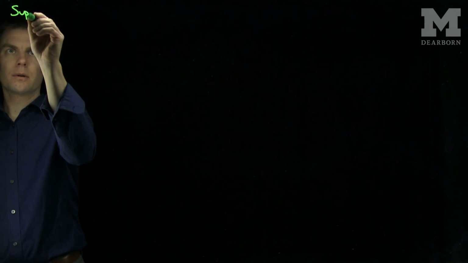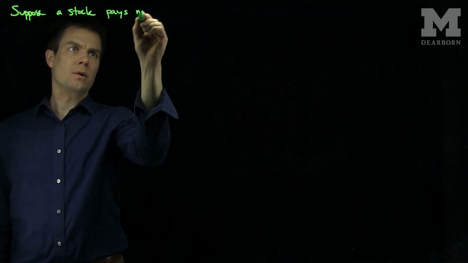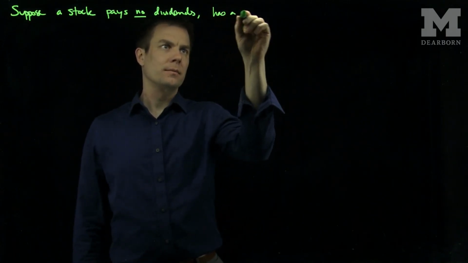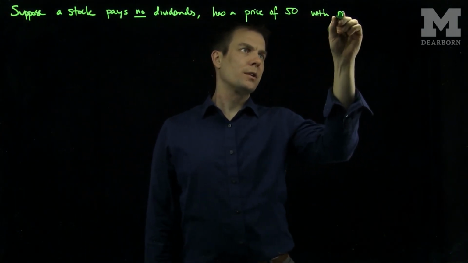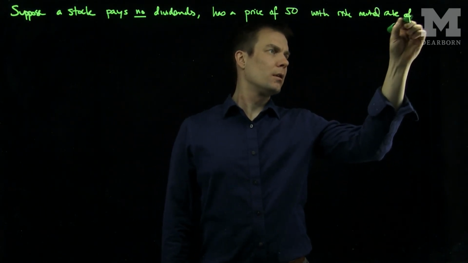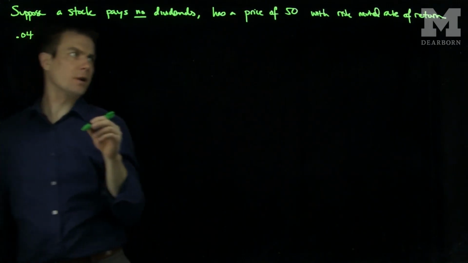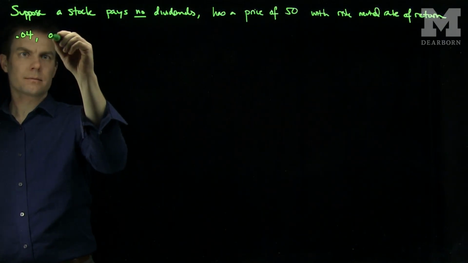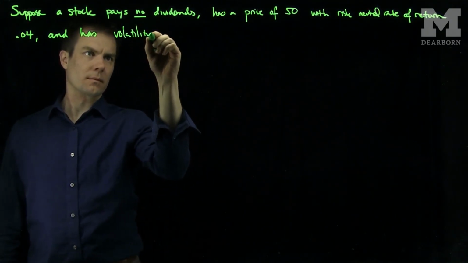Let's suppose a stock pays no dividends, has a price of 50, with risk neutral rate of return .04, so 4% rate of return, that's risk neutral, and has volatility .2.